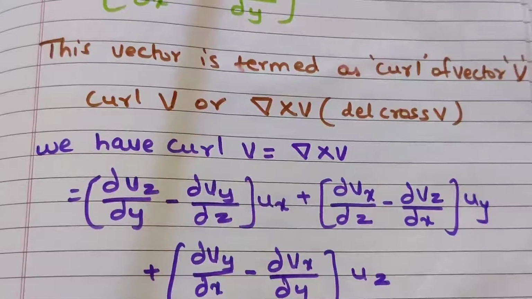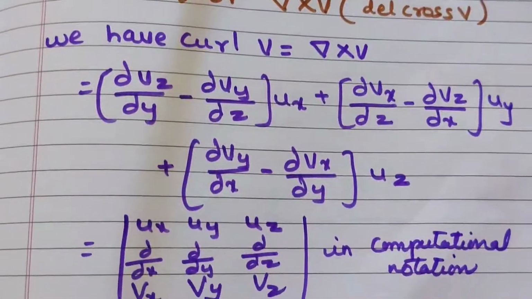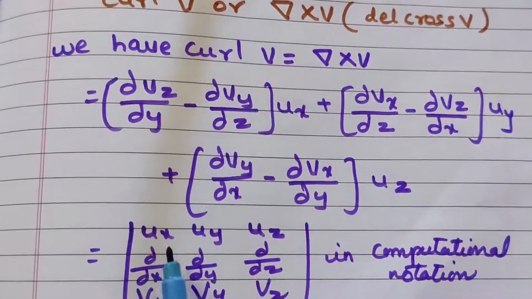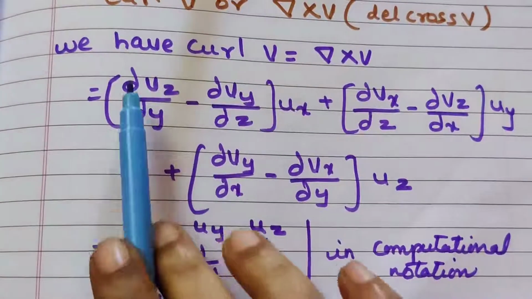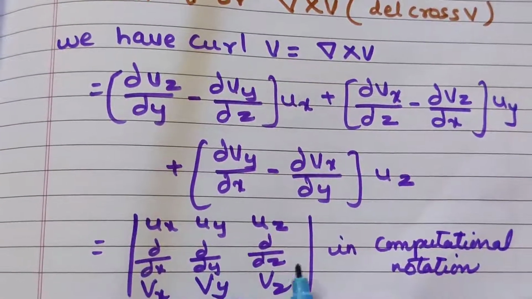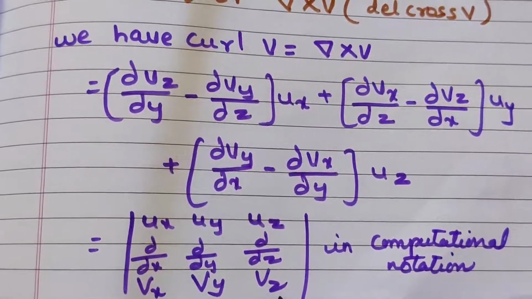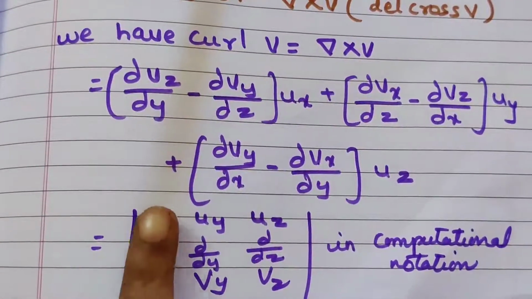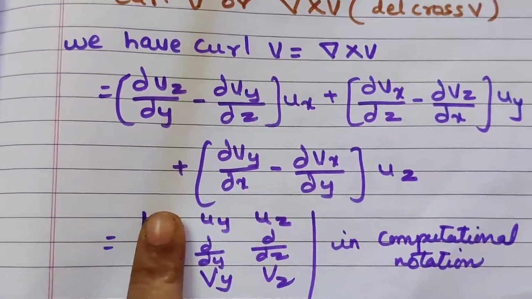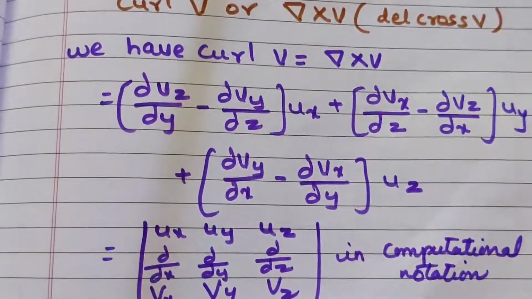Writing this in computational notation, you can write it like this: ux, uy, uz, ∂/∂x, ∂/∂y, ∂/∂z, vx, vy, vz. If you want to find the ux value, like in matrix form, I think you people know this.